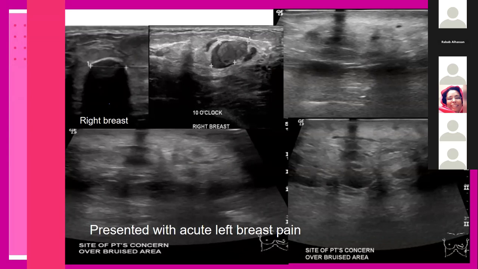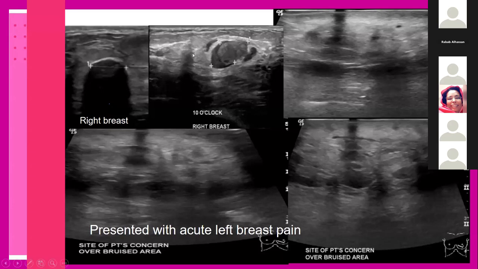Obviously here we can see there are diffuse edematous changes that reduce lobular differentiation with overlying skin thickening. But we don't know what is the cause of that focal edema or regional edema. Okay, it was a regional edema extending into the remaining part of the breast, but it was more intense in that location where she experienced pain.